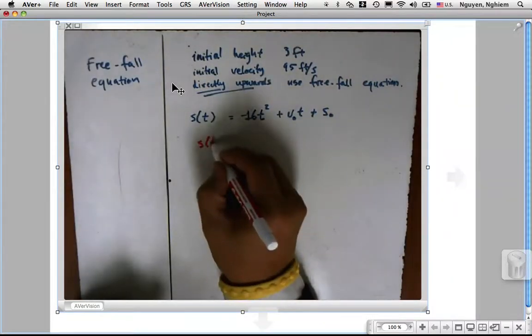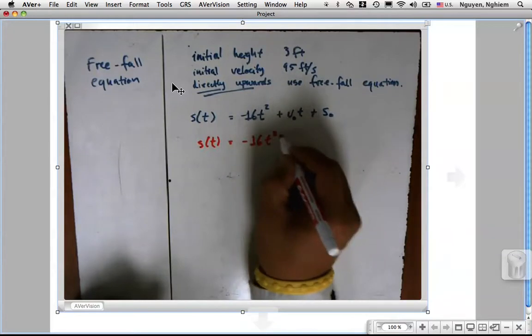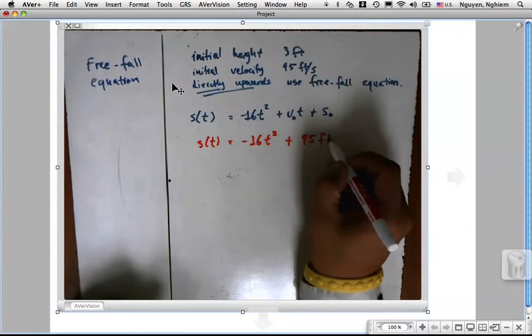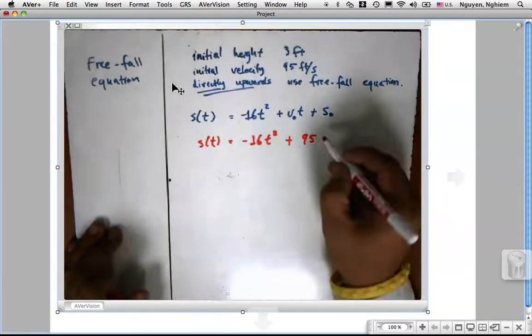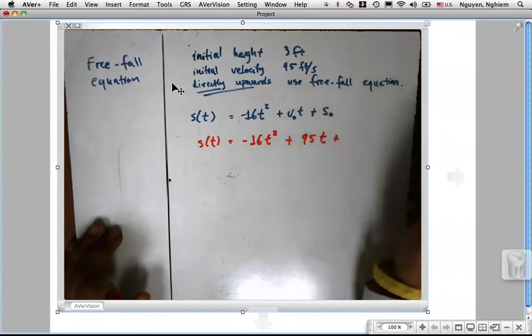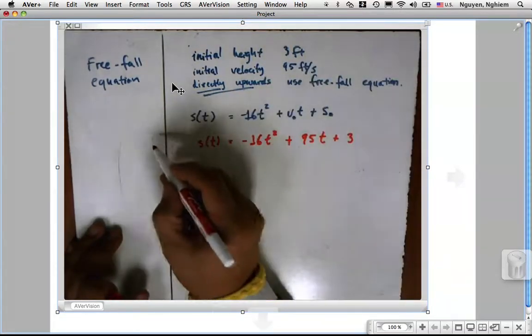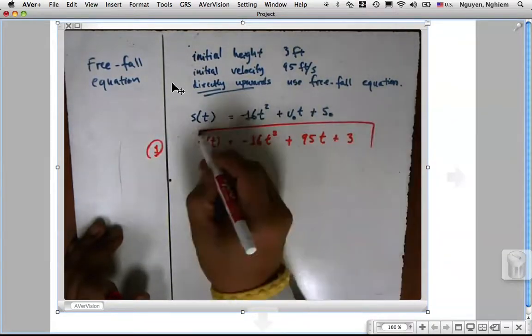So s of t is equal to negative 16 t squared plus v naught, in this case, is 95 t, and then it had an initial height of 3 feet. So as far as number 1 is concerned, we are done with our equation.